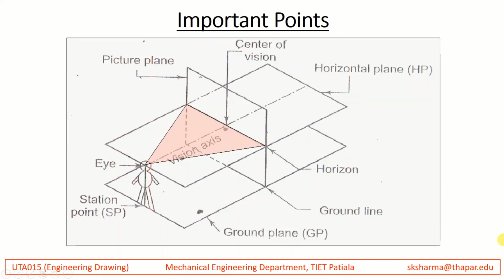As said earlier, in case of two-point perspective projections, we will be presenting the object in such a way that one of its edges will be touching this picture plane. So the object will be so placed that one of its edges will be touching this picture plane.